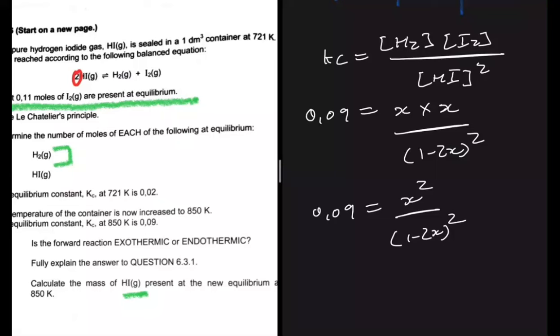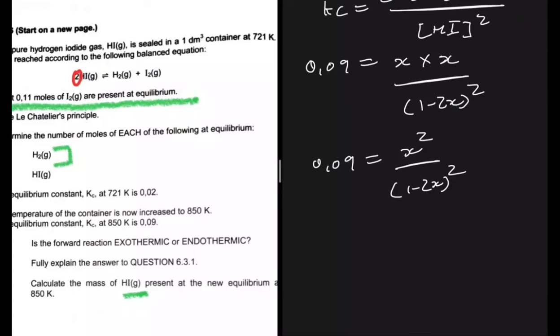What you can do here is cross multiply and complicate your life, or you can take the square root on both sides. Let's take square roots on both sides so that I can show you what I'm talking about.